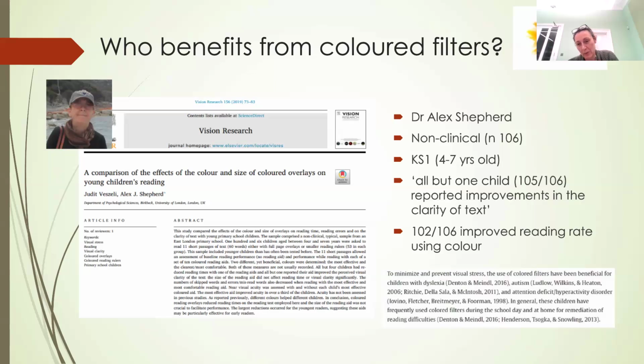But there are also reports in other conditions. Colour filters have been reported to be beneficial for children with dyslexia, children with autism, children with ADHD. So I don't think it classifies into one particular condition. I think this is part of our visual system not feeling comfortable, and perhaps certain individuals respond differently to that aversion.